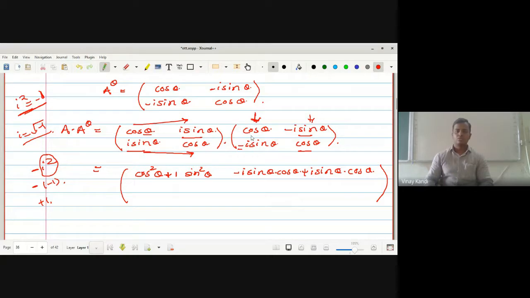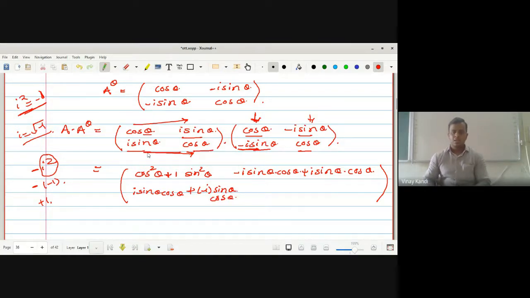Sin theta into cos theta with positive I: I sin theta cos theta. Okay, first row with second column, sorry, I sin theta cos theta, plus this one is minus I, with minus I sin theta, and this one is cos theta.